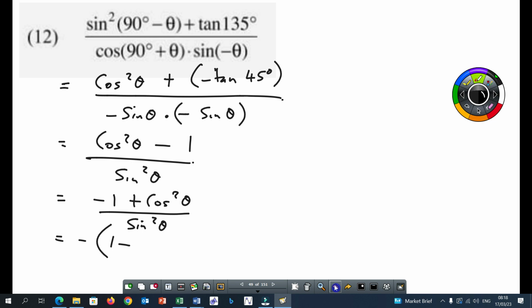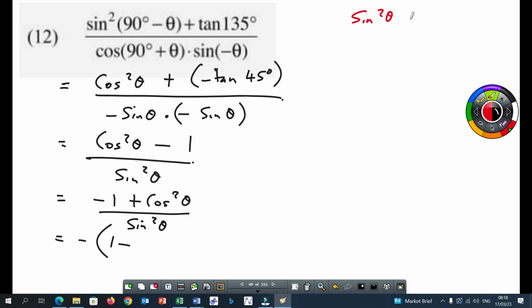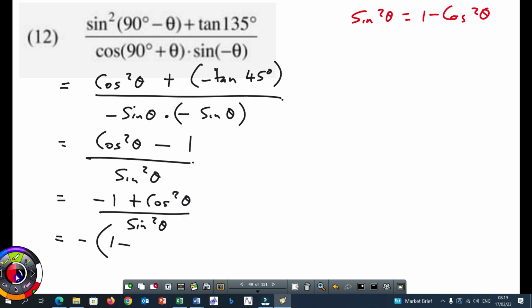Right? The reason why I did that is because cos squared theta minus 1 is not really the formula for sine squared theta in the fundamental identity. In the fundamental identity, sine squared theta is equal to 1 minus cos squared theta. So because of that, I had to swap the position of those two, then factor out minus 1.